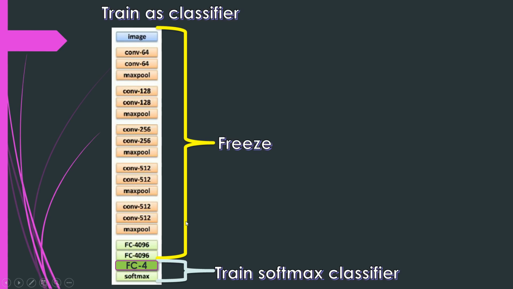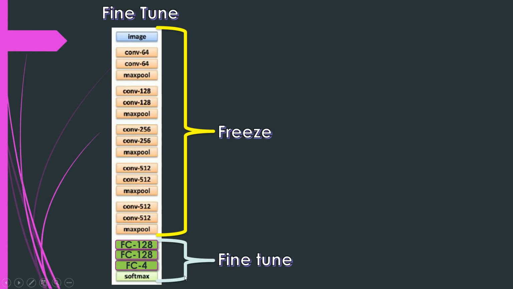Okay, so I will demonstrate with code how to do it. In my case, I will train it as a classifier, because I have a very small data set and four classes of objects. Up to here I will freeze the network, and in the last layer I will add my FC4 and train this part. For demonstration, I will also show how to do fine tuning.